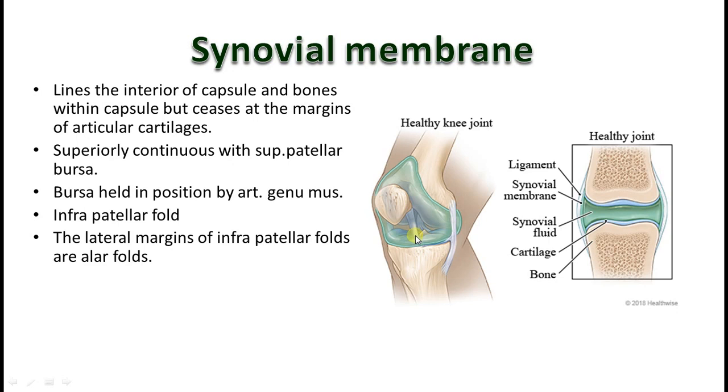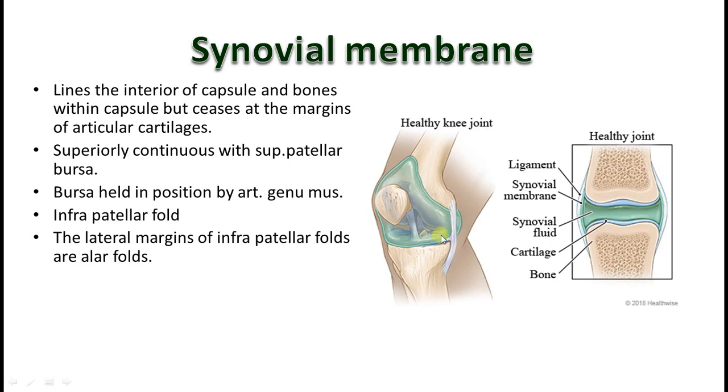Anteriorly, it has the infrapatellar fold. The apex is attached to the patella and the base projects posteriorly. The lateral free margin of the infrapatellar fold, which is present in the gap between the menisci and the tibia, forms the alar folds. Ala means wing-like.